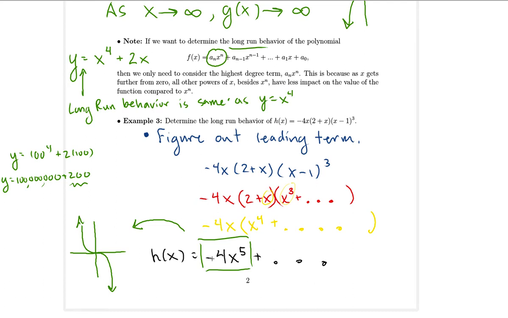And so, to write it out in phrases as we did in those couple examples at the top of the page, what we can say is as x goes to negative infinity, h of x goes to positive infinity.